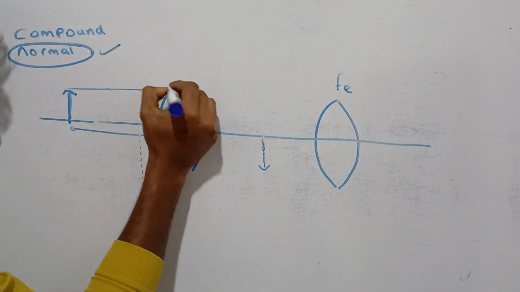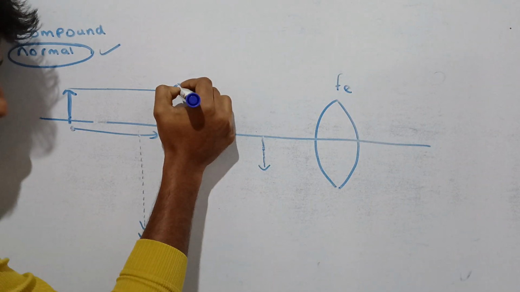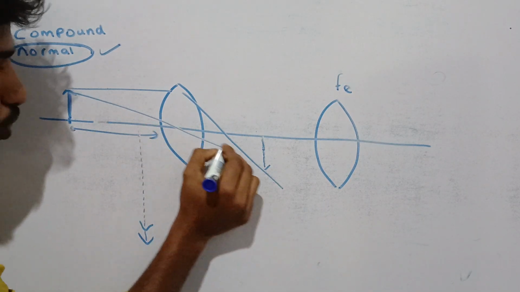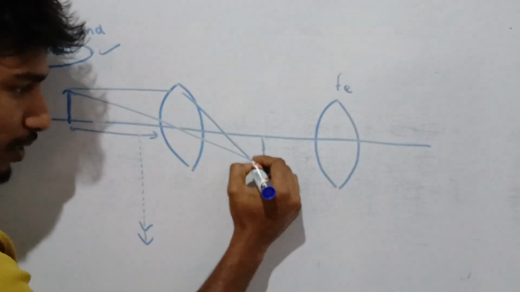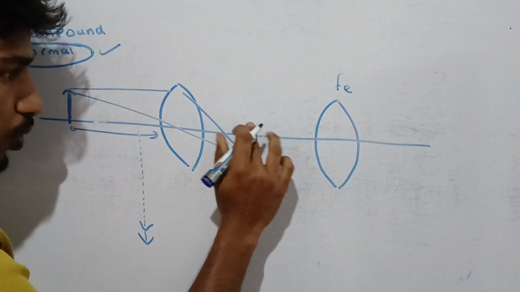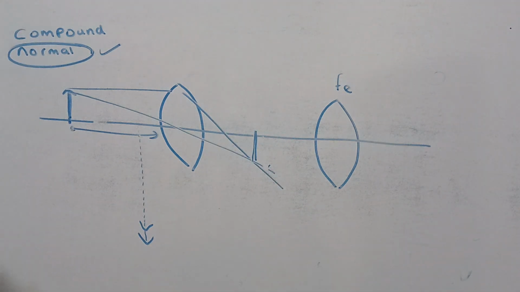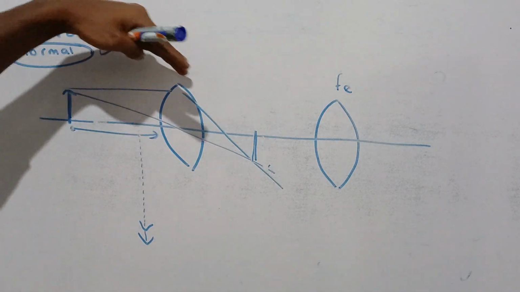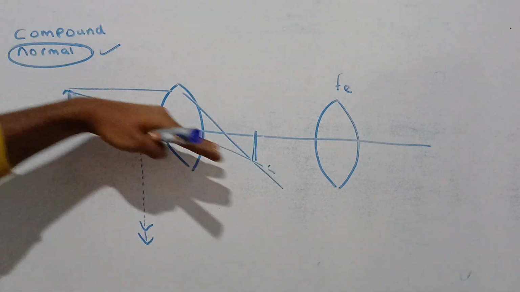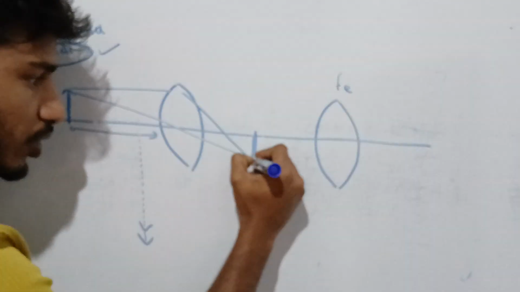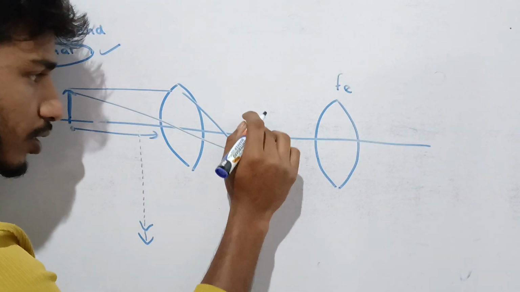So let's get an idea: the ray must go through the focal point, and then through this, it must exactly meet here. First of all, make sure to have a clear diagram of where the first image is getting formed. A parallel ray goes through the focal point, and then through this, and where these two intersect is the location of the first image.